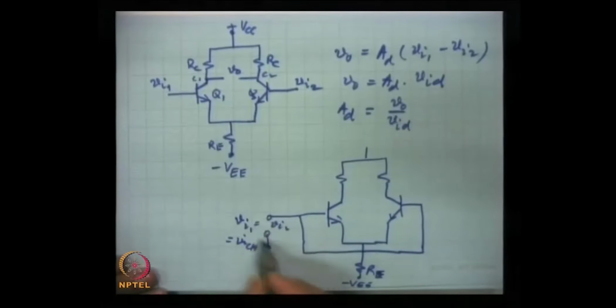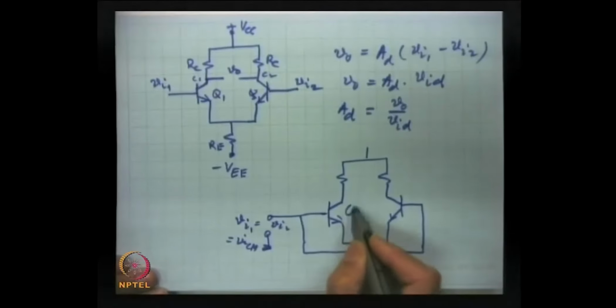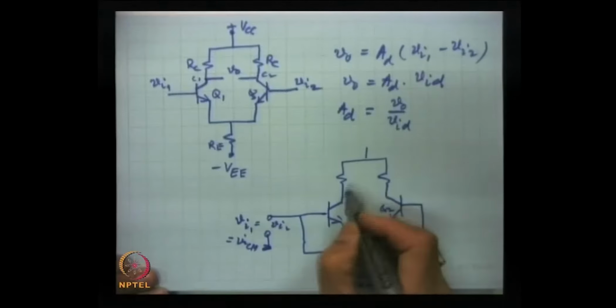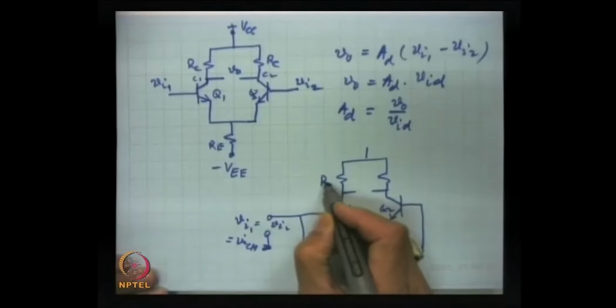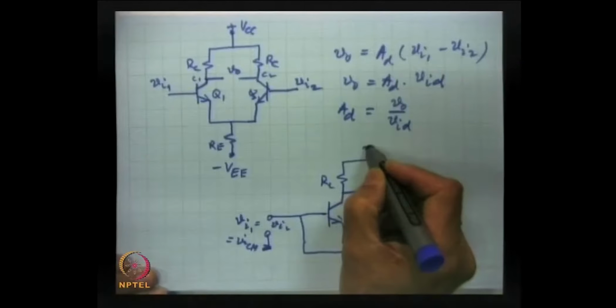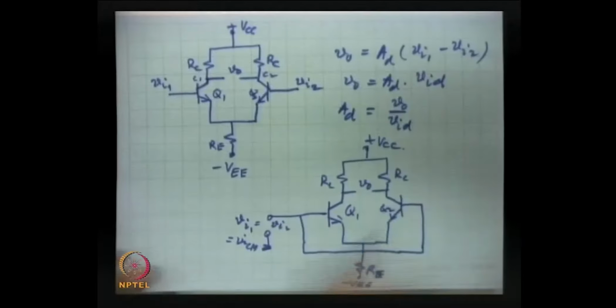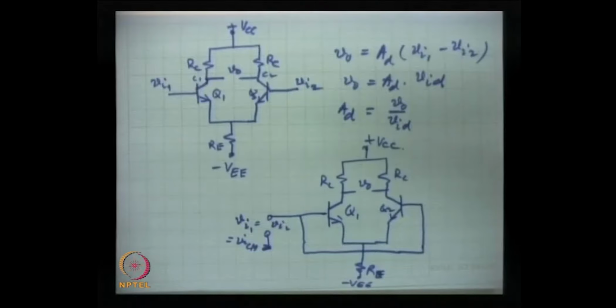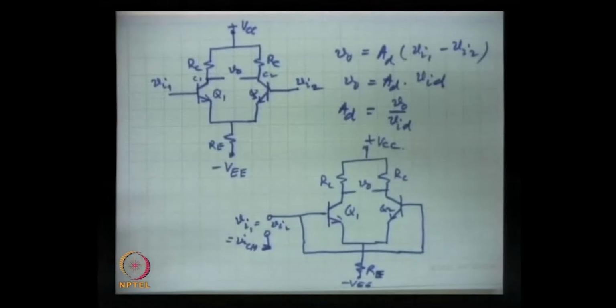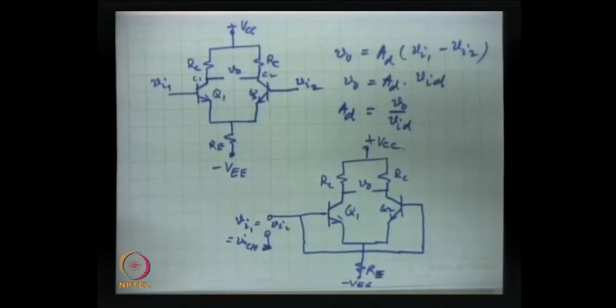Here we apply a signal which is common to both, and we measure the output here, with RC and plus VCC. These are direct coupled amplifiers and hence they will respond even to DC.